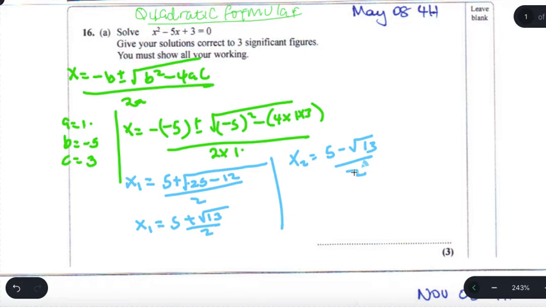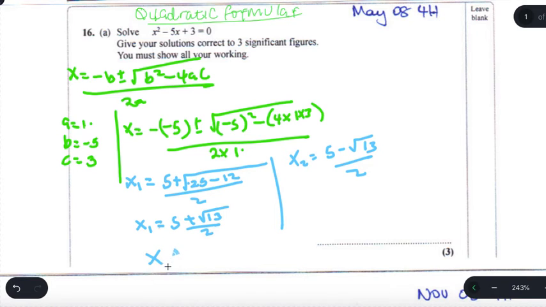Checking our calculator, you can now check 5 plus root 13 divided by 2. So the square root of 13 first of all is 3.6. Okay, so we can add 5 now and divide by 2.